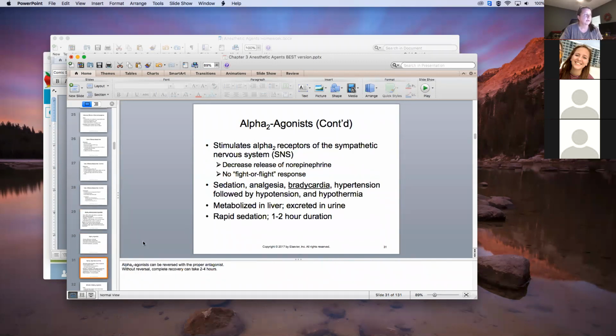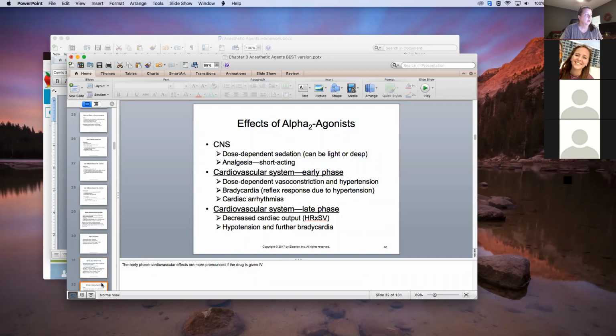And basically, you get sedation, analgesia. A big side effect is you get bradycardia. They are very profound, and you have to know the reason they are bradycardic is because they cause an initial vasoconstriction and hypertension when you give them. In the periphery, they will look pale on these drugs because their gums, all the capillaries, vasoconstrict.